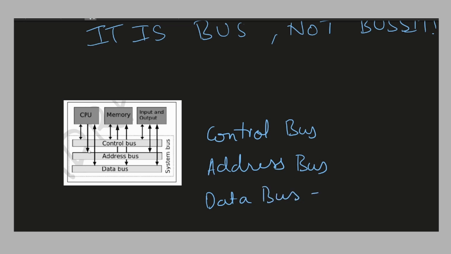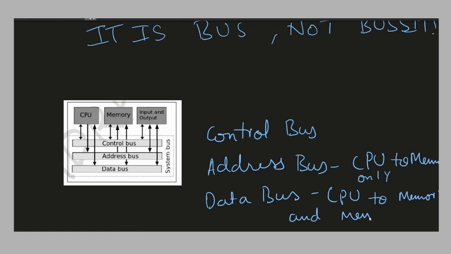The address bus is a one-way road, so it's CPU to memory only. The data bus is CPU to memory and memory to CPU. So the address bus is one way, and this is two way.